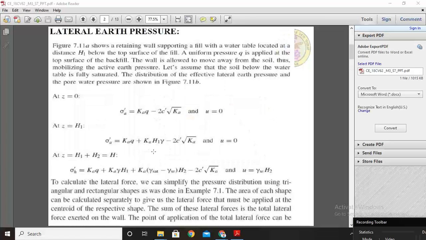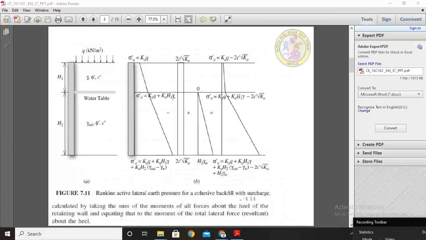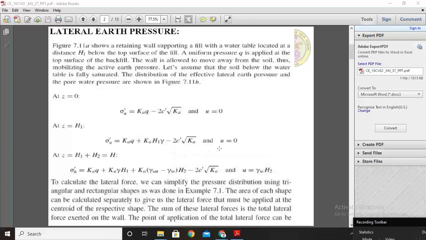So here, K_A Q plus K_A h1 gamma minus 2C root K_A is the active pressure, and u equals 0 is the pore pressure. At z equal to h1 plus h2, it becomes h.